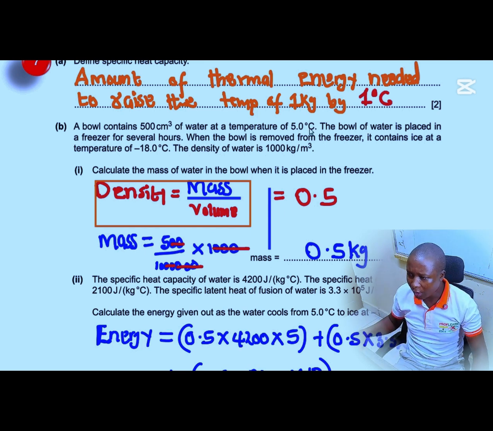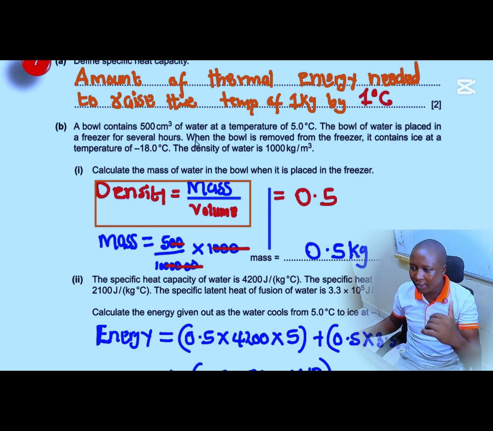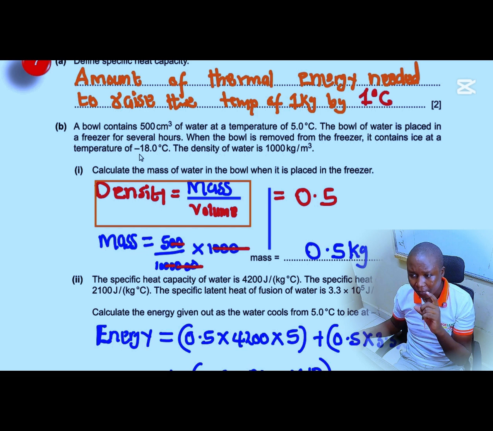So also we are told that when the bowl is removed, the temperature of the water or the ice becomes negative 18 degrees Celsius. So the amount of thermal energy supplied for all the water to be converted to ice is going to be 0.5 times the latent heat of fusion, which is 0.5 times 3.3 times 10 raised to the power 5.